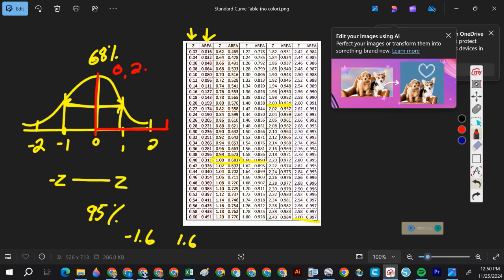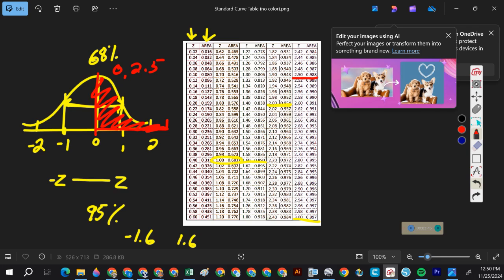From 0 to 2.5. So we're going to go to 2.5, and I get 98.8, and then I divide that by 2, because this area here is half of the 2 to -2. So this table tells you central area.